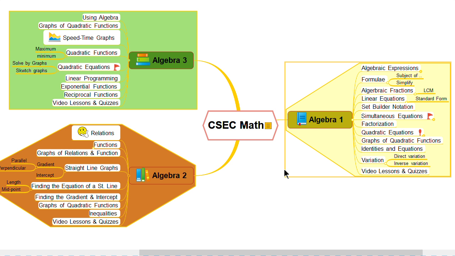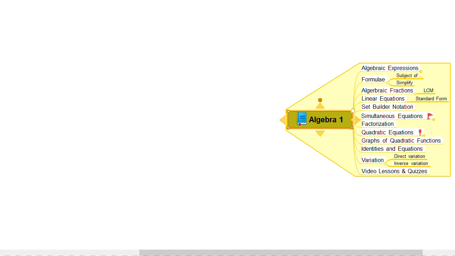So we can focus on one element of the mind map, by hiding the rest of the elements. You can focus on Algebra 1, and it covers algebraic expressions, formulae, subject of a formula, simplify, algebraic fractions, set builder notation.